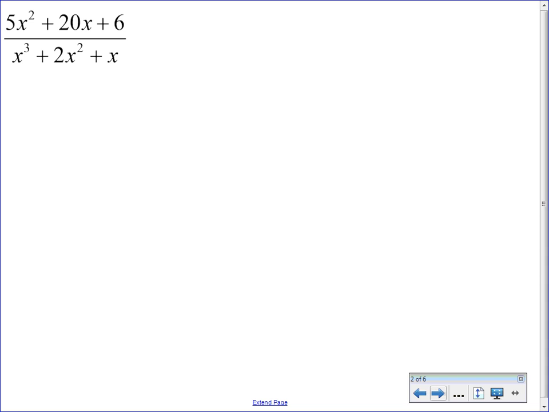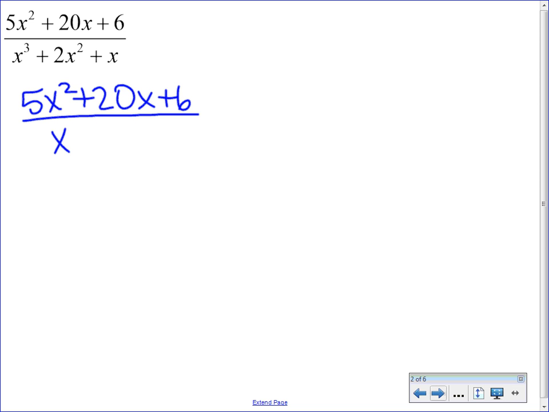Does this problem look familiar? Yesterday we set this one up. All right. Those of you who do your notes consecutively, what did the denominator factor to? Okay.